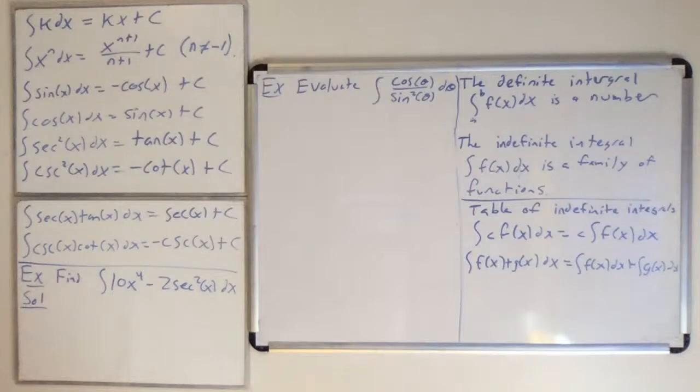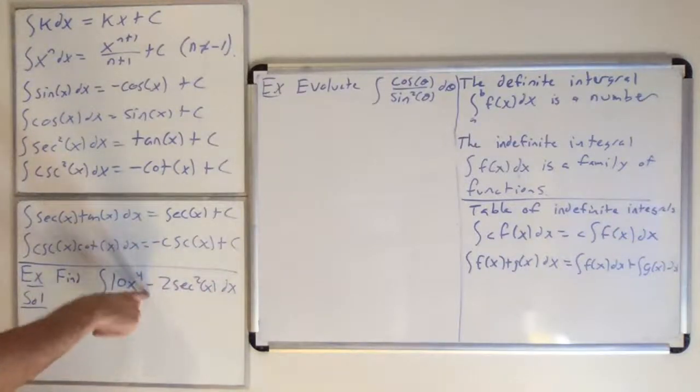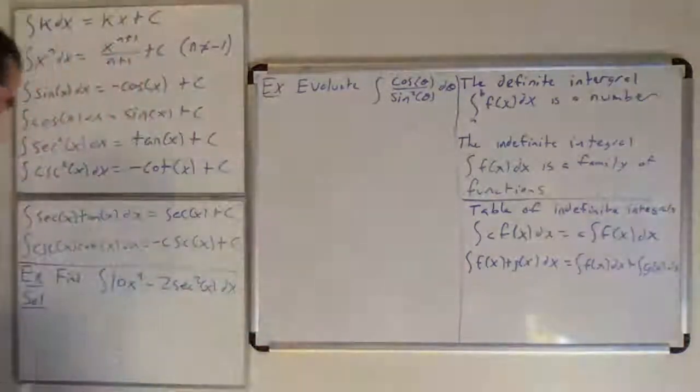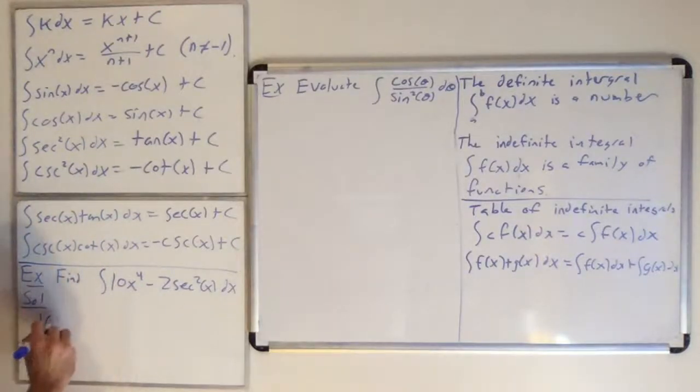All right, so we want to find the integral of this function. We just do it one component at a time since they're separated by plus or minus. That's what this part says. The integral of 10x to the fourth is 10x to the fifth over 5.